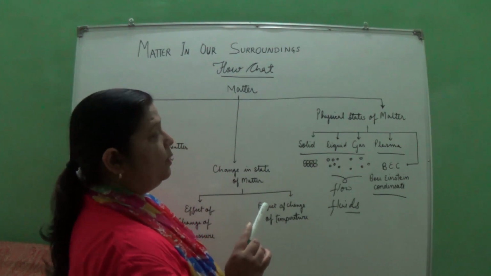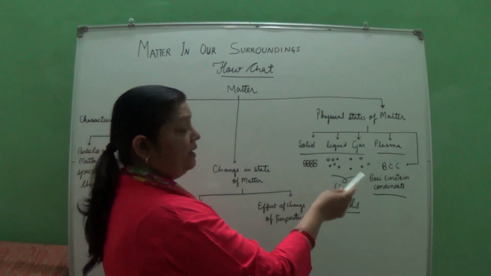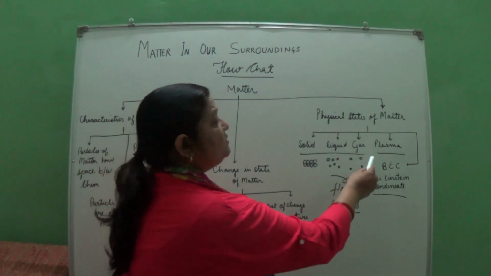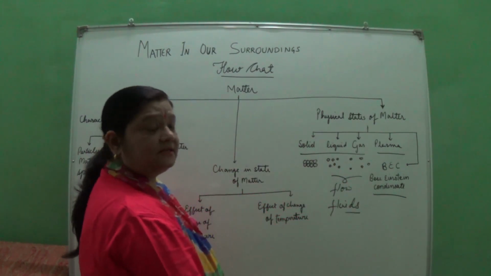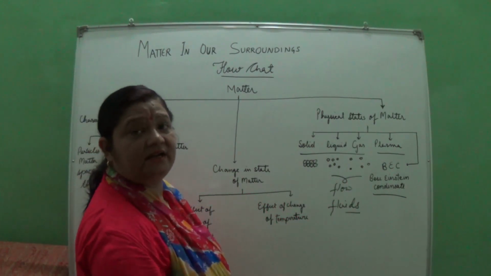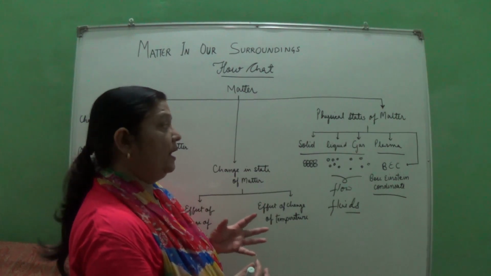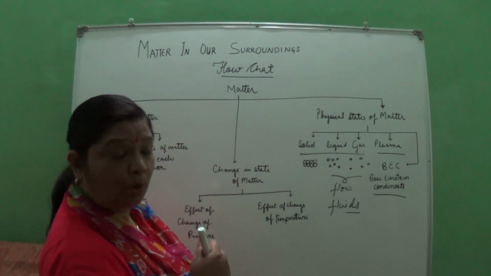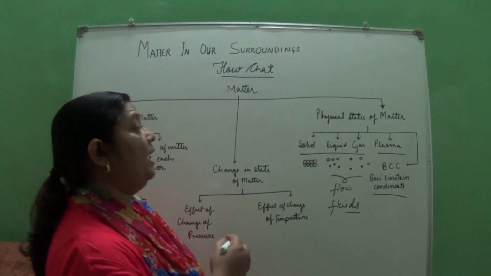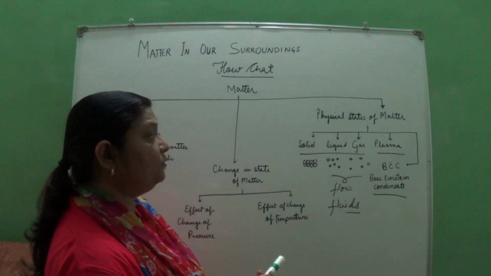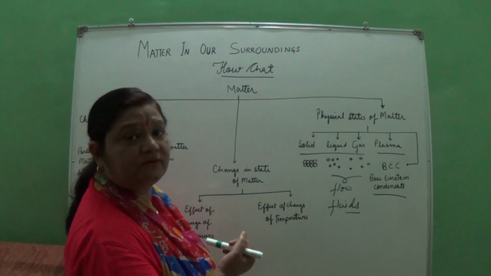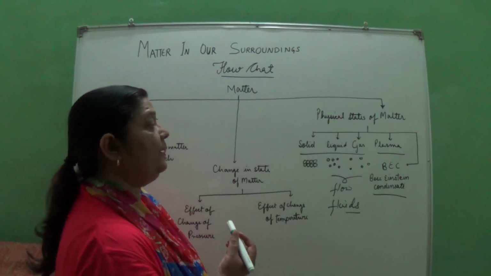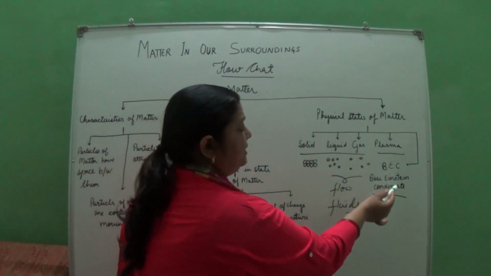Now, talking about the two other states of matter, right now I have explained plasma. They exist in the ionized gas form, because here the energy is too much. So they exist in the form of ionized gases, they glow because of the energy, and they are in the excited form. For example, the sun and neon bulbs. Now, Bose-Einstein Condensate.